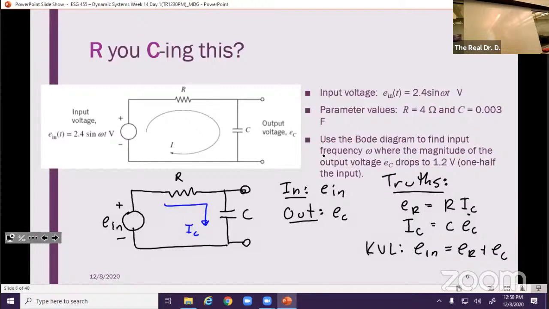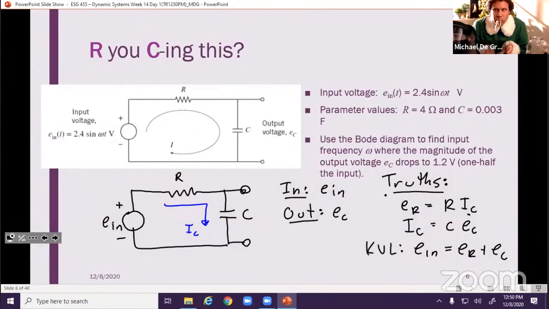All right, so here we are. We got everything we need to build this model. It's a simple RC circuit. We've done this model a bunch, right? So we're just going to use KVL in our reduction and plug some things in.